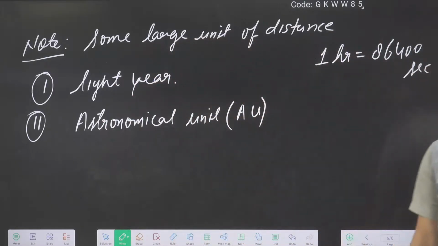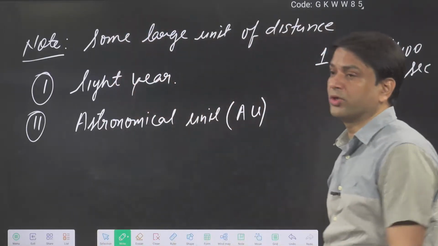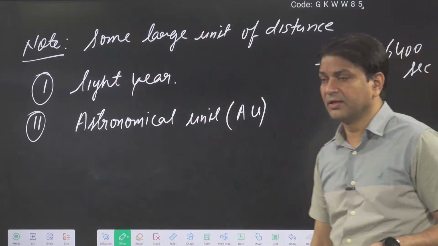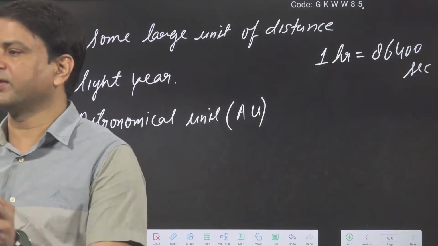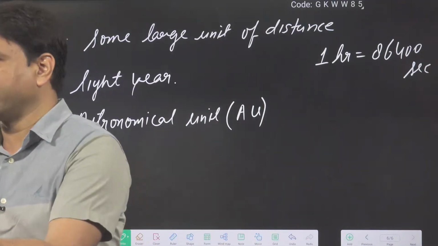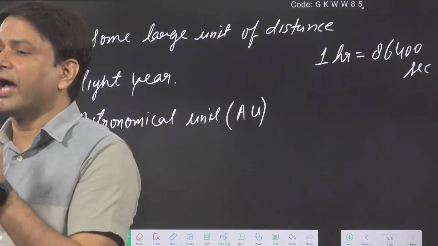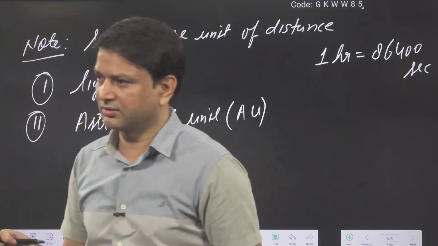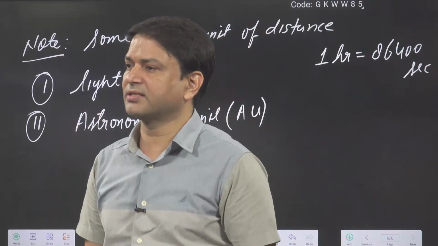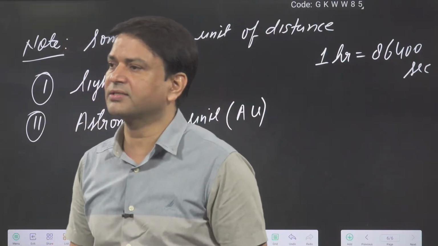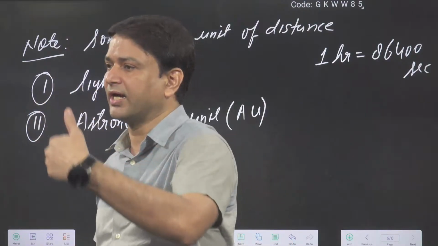What is astronomical unit? So astronomical unit is also the unit of distance. It is the average distance between the earth and sun, or we can say average orbit radius of the earth around the sun.